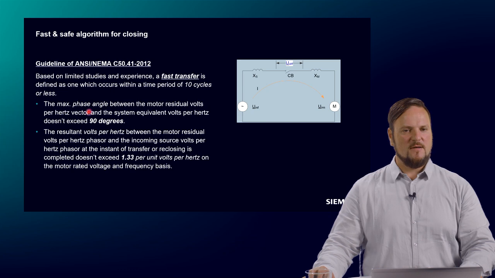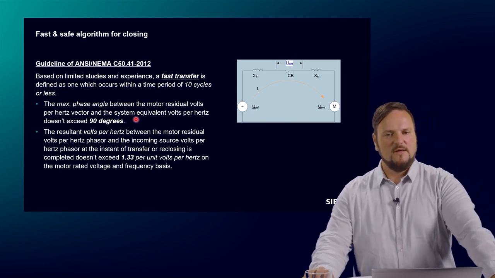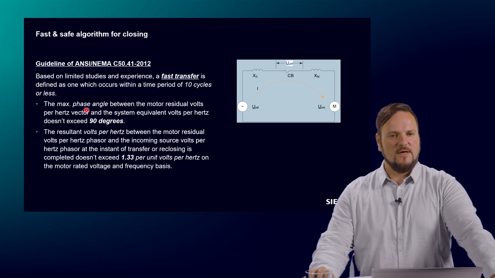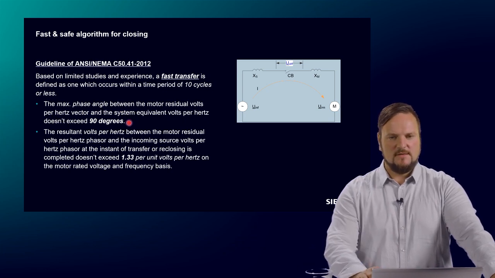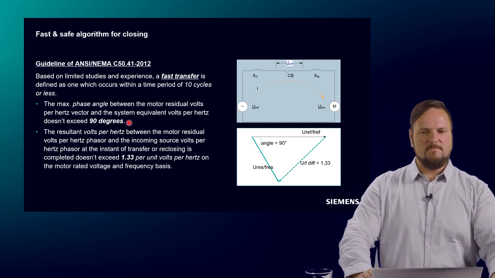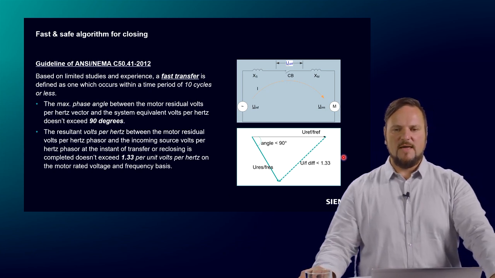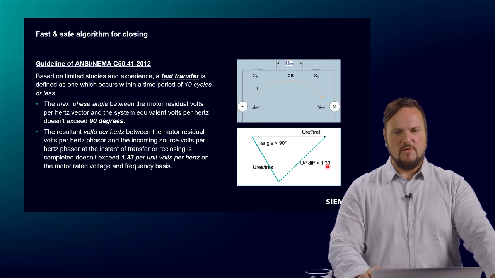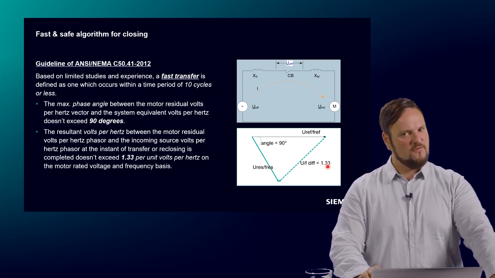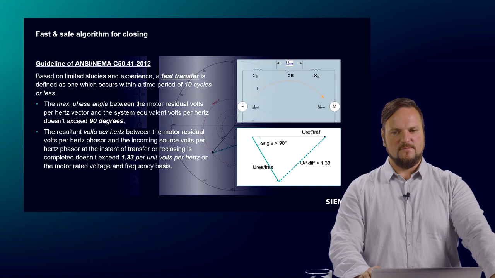And the maximum phase angle between the motor residual voltage and the equivalent voltage on the alternative source does not exceed 90 degrees. There's a relation between them. That means this will happen with a voltage per hertz difference of smaller than 1.33 volts per hertz. So this needs to be considered for the algorithm.